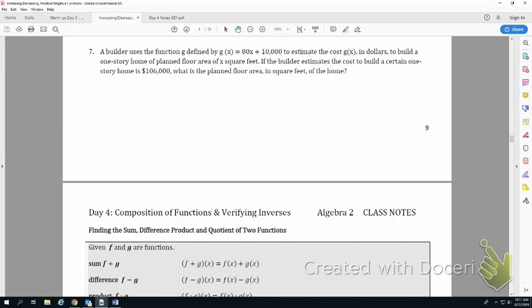If the builder estimates the cost to build a certain one-story home is 106,000, what is the planned floor area in square feet of the home? So it gives me this equation. It tells me the definitions. g of x is dollars, x is square feet. So what am I going to do with the number 106,000? Plug it in for g of x. And then solve for x.